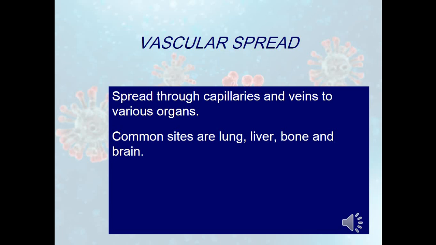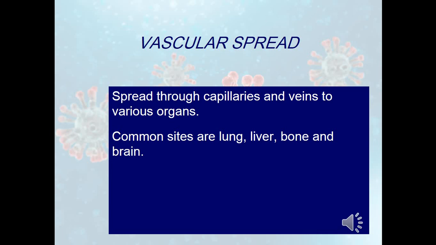Because of their thinner walls, veins are more frequently invaded than arteries. We know the arteries have a muscular wall, while the veins have thinner walls than the arteries, so they are much more frequently invaded. And the metastasis follows the pattern of venous flow.